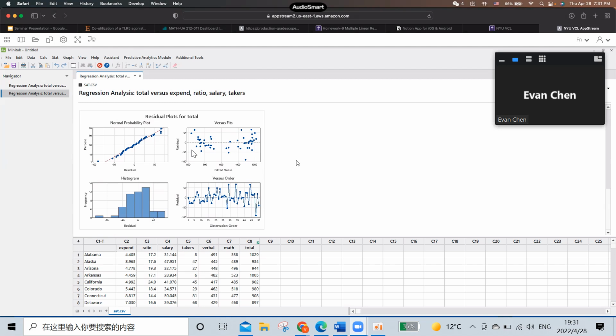However, sometimes it's clustered with a high variance, sometimes with a low variance, and that's actually not very good. It means my prediction is more accurate when my prediction is between 950 and 1000.